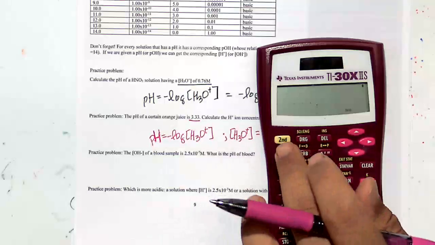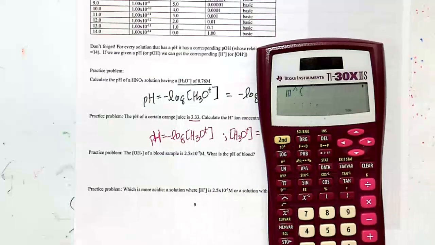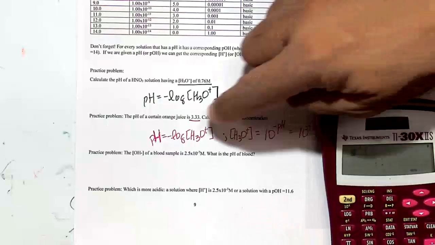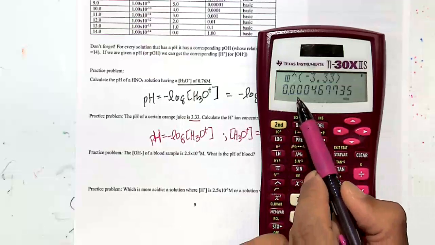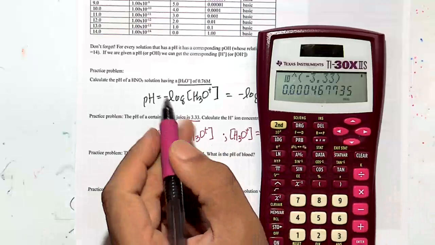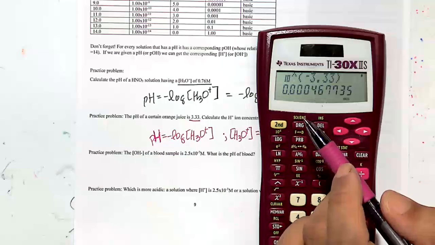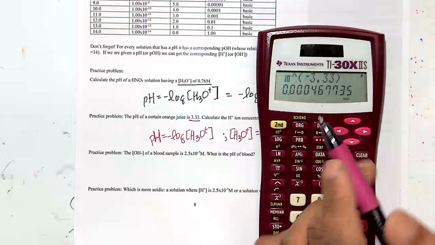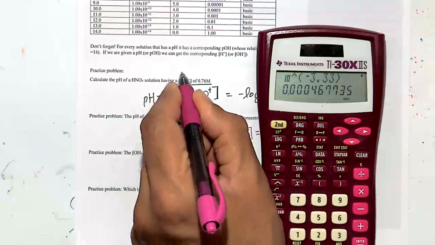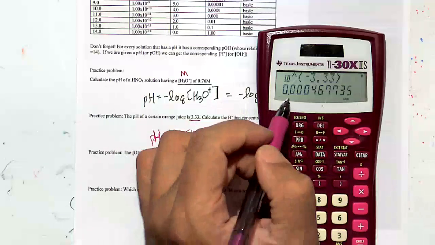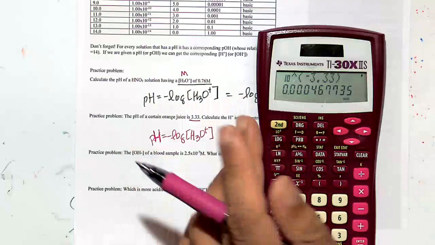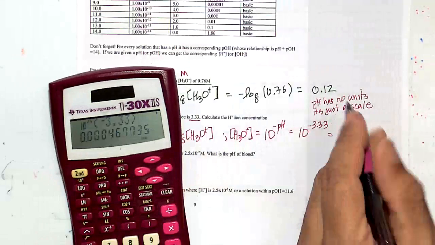Antilog is nothing more than shift log on your calculator, and it's minus the pH, so negative 3.33, and it's going to be 0.000468, I'll do 3 sig figs, plus units. Okay, what are the units of the bracket? Molar, moles over a liter. So 0.000468 molar.